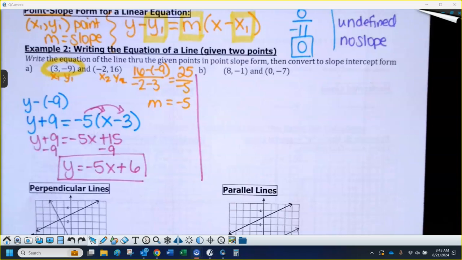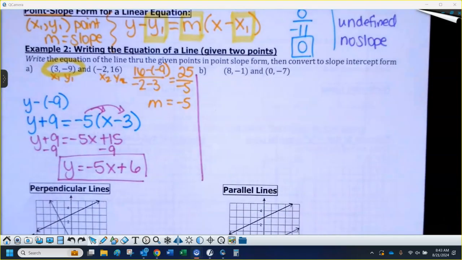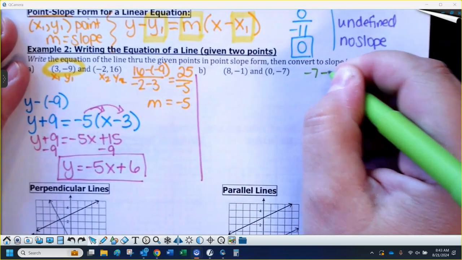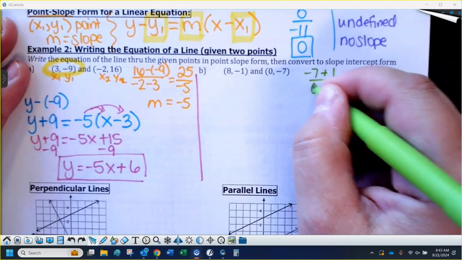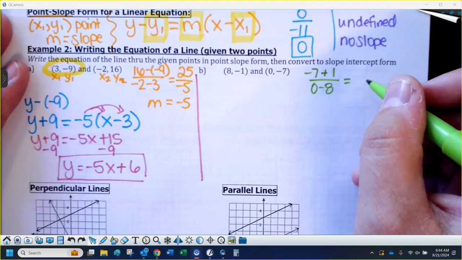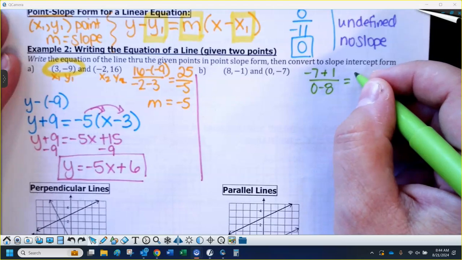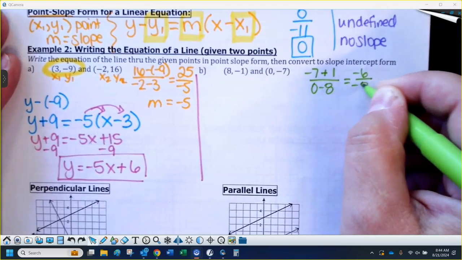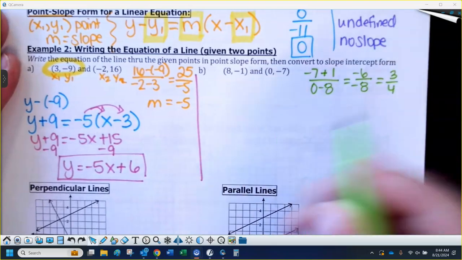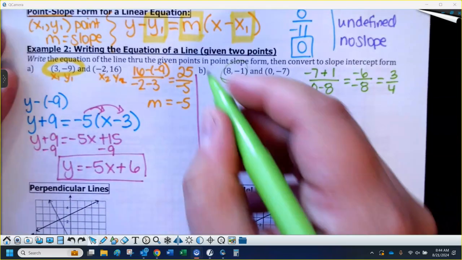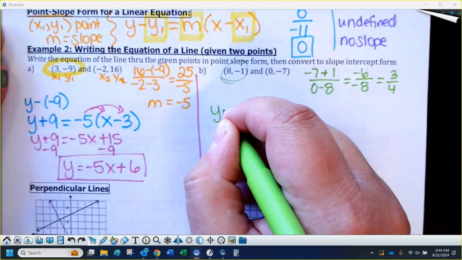Go through and see if you can do that one on your own, because it's one of the things you absolutely have to know how to do: write the equation of a line between 2 points. And when you do the point slope, you can pick either point. It's up to you.